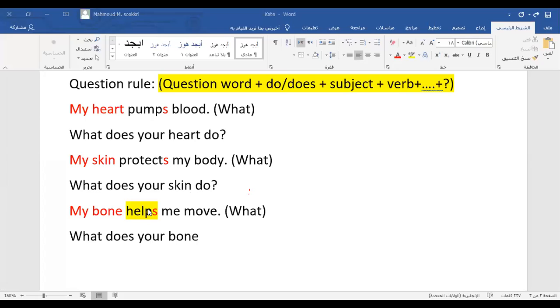Now I wanted to ask about the verb help. I wanted to ask about it. So I can't write helps in my question. What can I write instead? What is the verb that I can write instead? Do. Now, what is the last thing that I should put in my question?